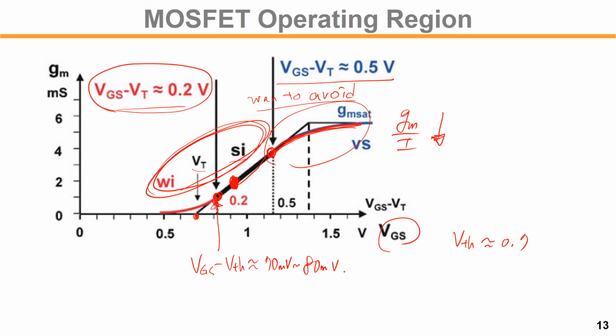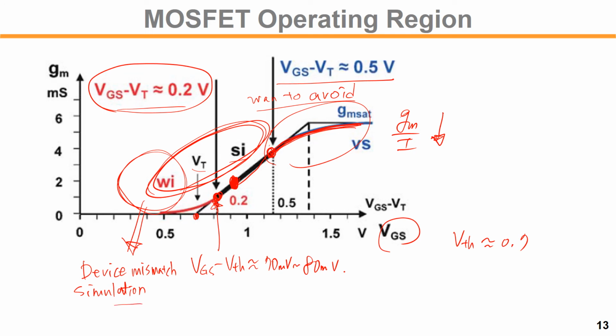So for weak inversion, as I mentioned, you have to make sure device mismatch is critical. Device mismatch simulation must be run so that your design does not show any problem.